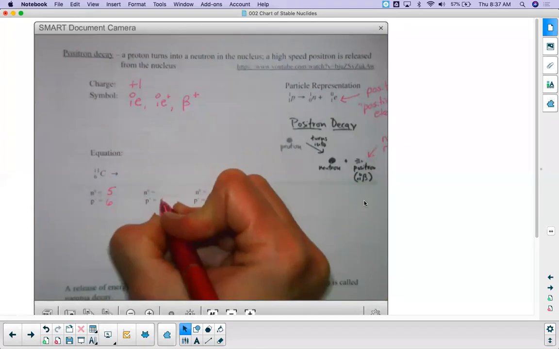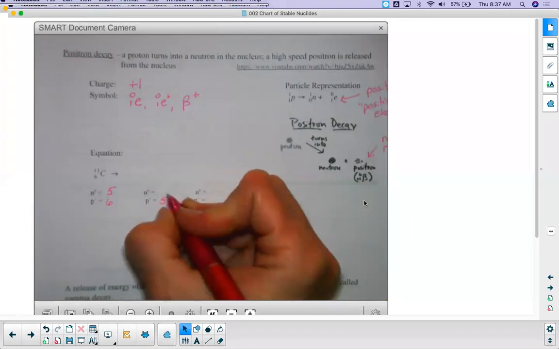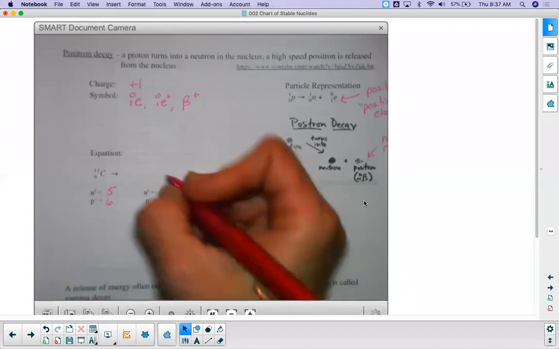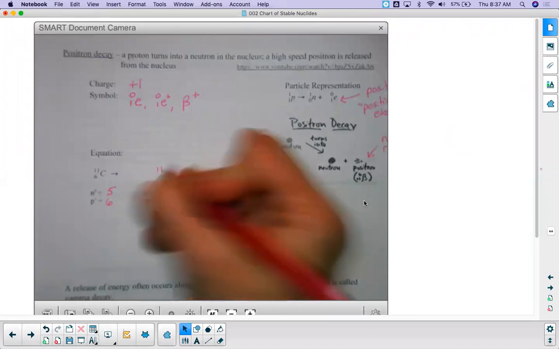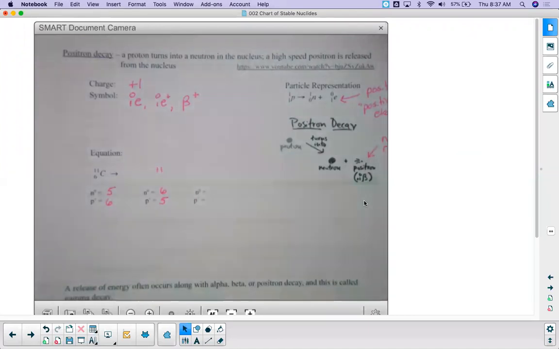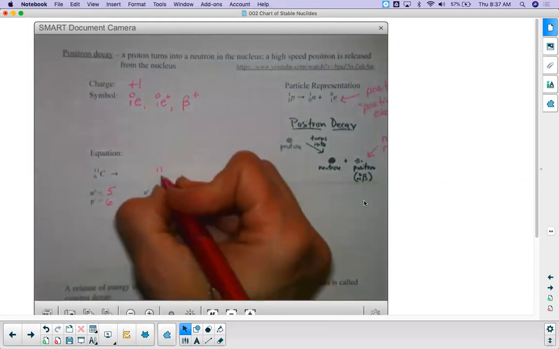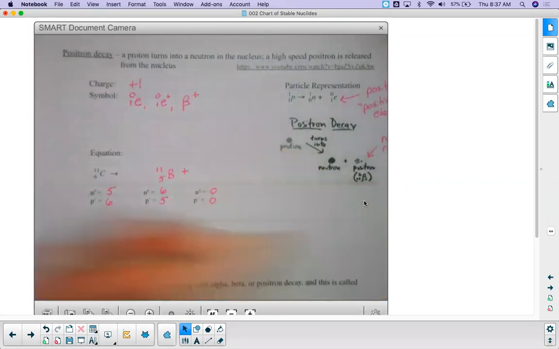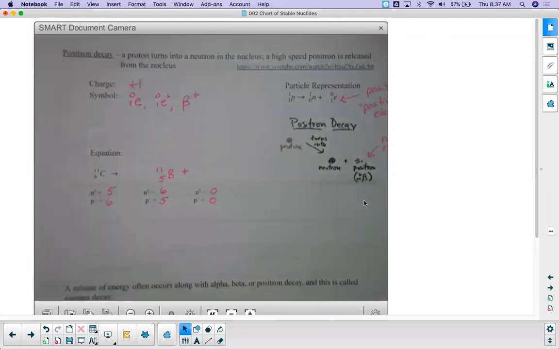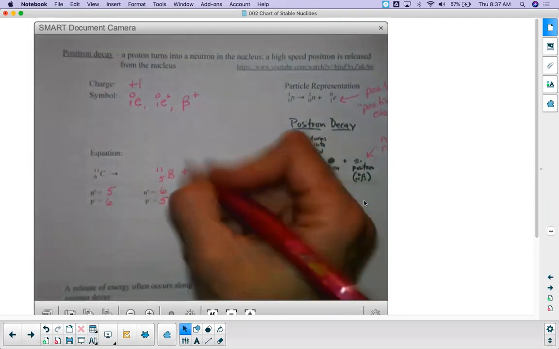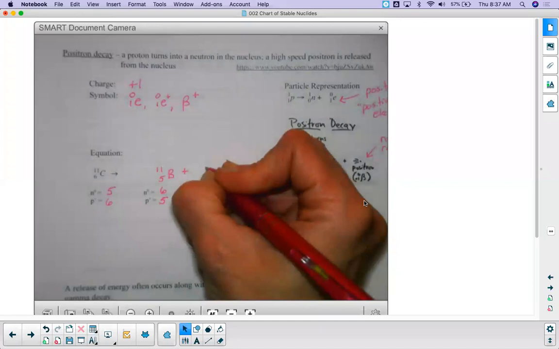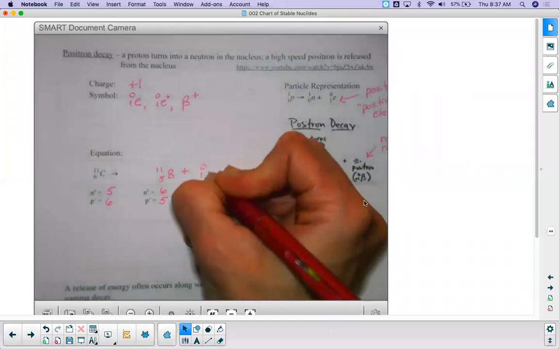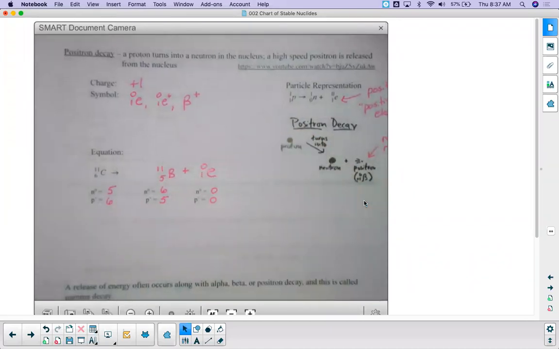So we lose a proton, we gain a neutron, but we still have 11 total particles in the nucleus, except now we have element 5. We get some boron. We didn't change the total number of protons or neutrons, or we didn't emit any protons or neutrons. And we get ourselves to that point.